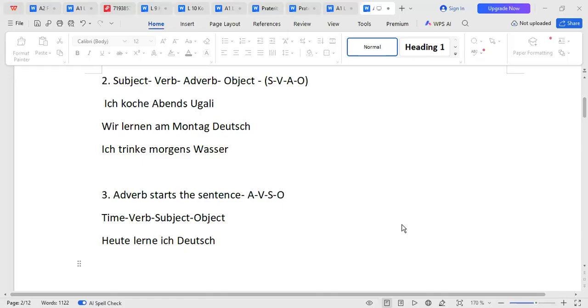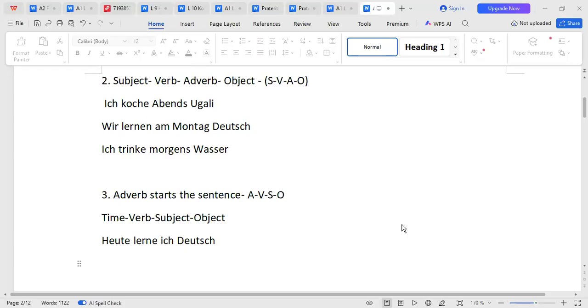Maybe include adverb of time, adverb of place, and so on. Ich koche abends ugali. Ich lerne heute Deutsch. Ich trinke jetzt Saft. I'm drinking juice now. Jetzt, the adverb of time.